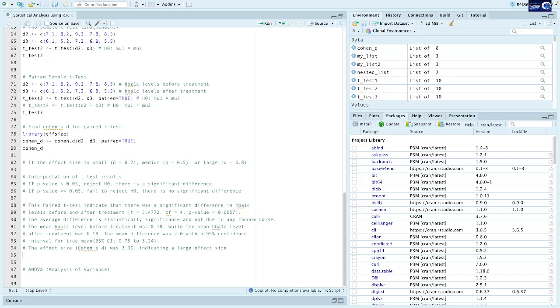Correlation from R square is simply the square root of this R square.